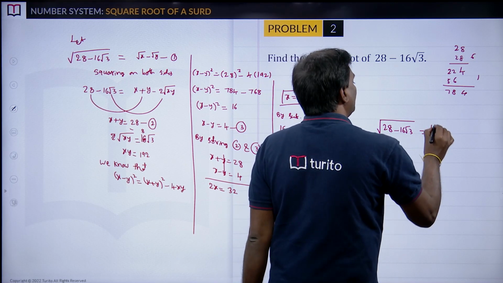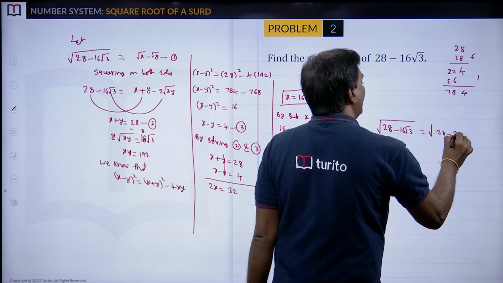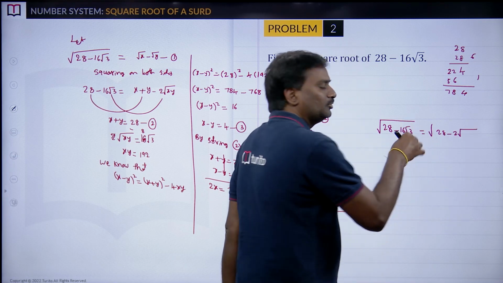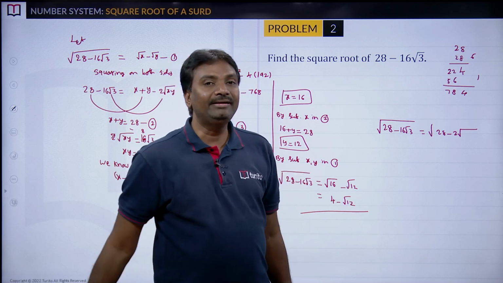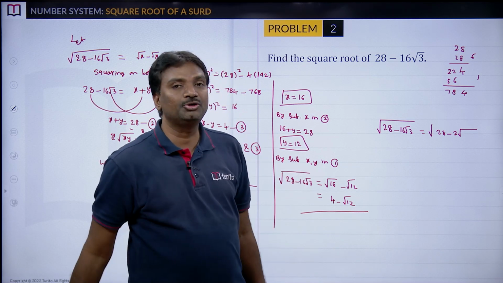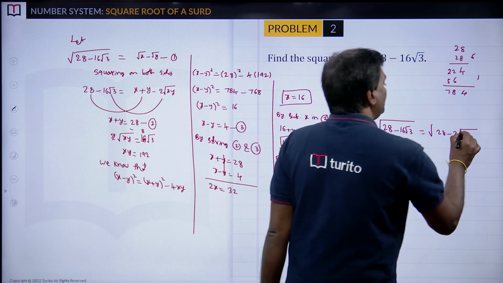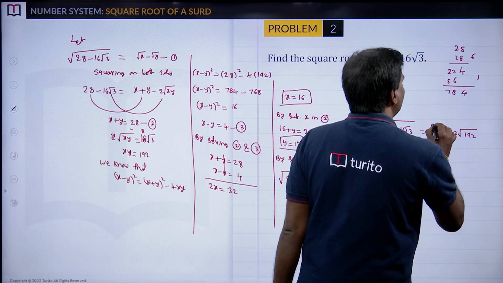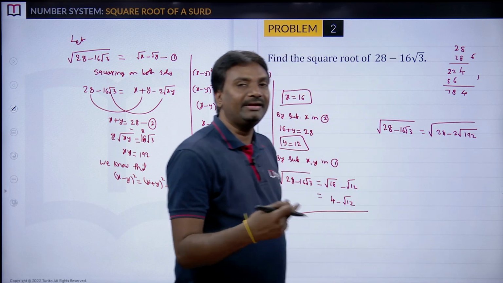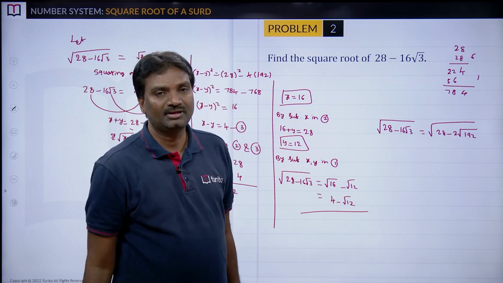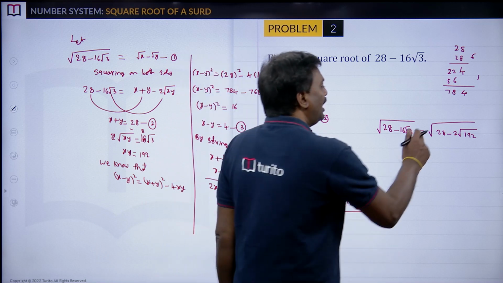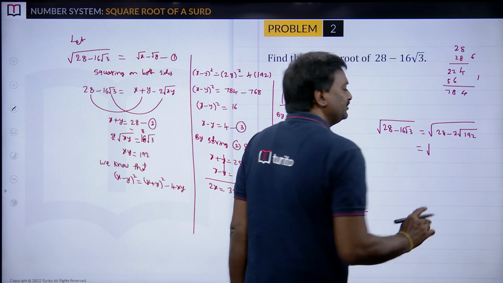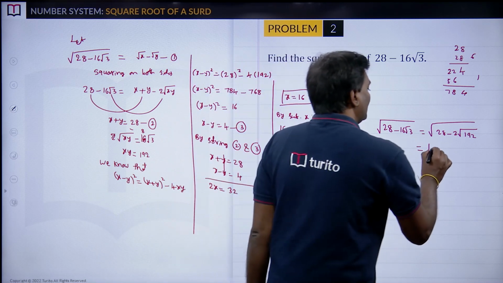So shortcut method: square root of 28 minus 16 root 3. That is square root of 28 minus 2 into 8, 16 can be written as 2 into 8. By writing 8 under square root, that should be 64. 64 into 3 is 192. Now 192 can be written as 16 into 12, and 28 can be written as 16 plus 12.